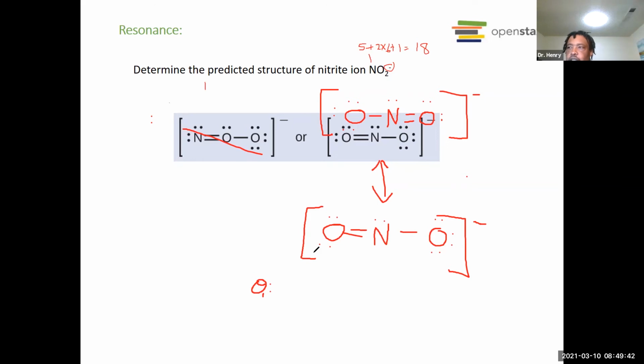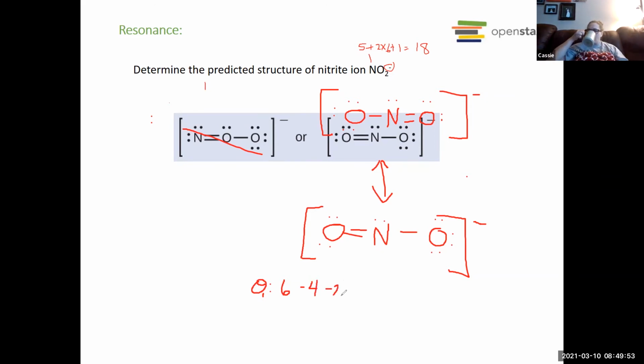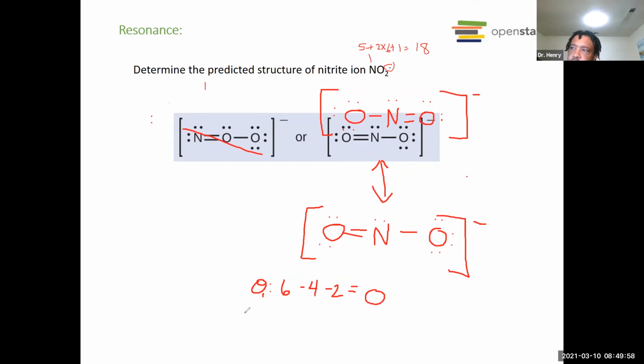How many valence electrons does oxygen have? 6. How many lone pair electrons? 4. And then 2 bonds. That'd be a nice 0. What about the nitrogen in the middle? 5 minus 2 minus 3, that's going to equal 0.